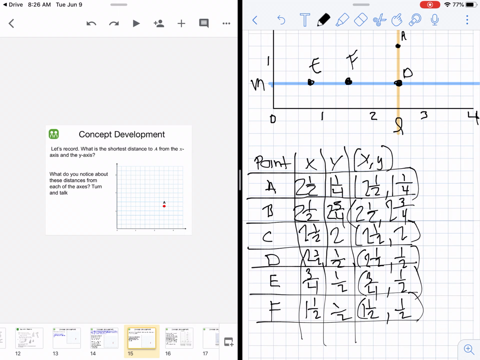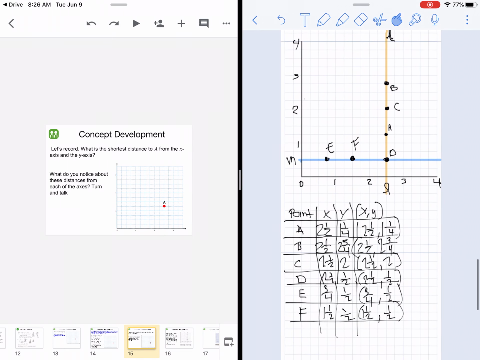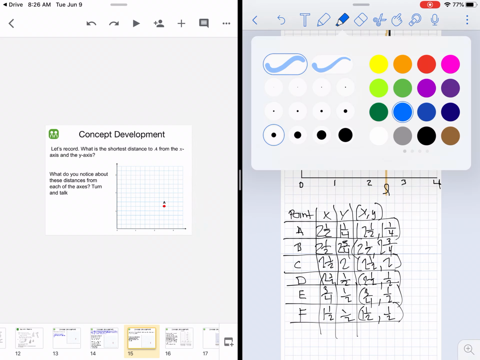All right. So we are still not done yet. We are going to create a new line. I'm going to move my finger along the plane. Say stop when I get to a location that is 1.5 units from the y-axis. So I'm going to take my highlighter and move it along.